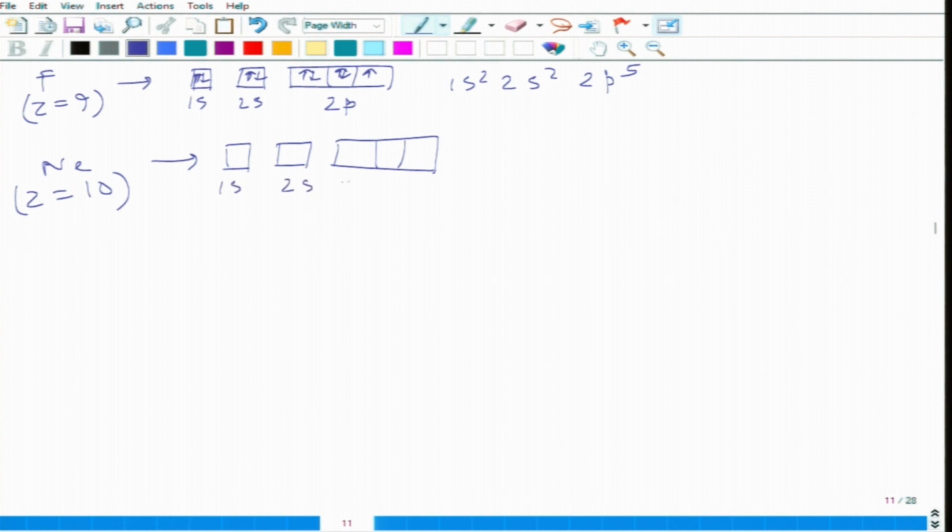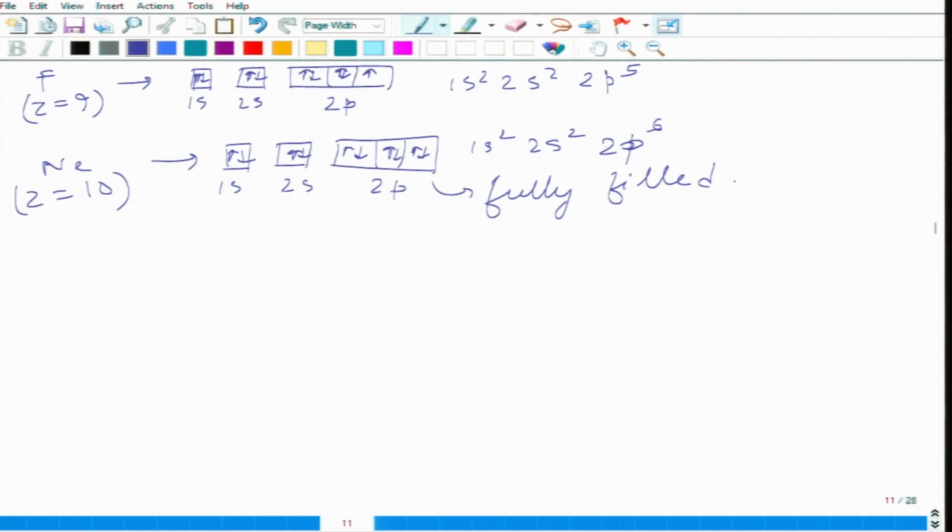In neon, all the electrons will be paired because it will have a configuration of 1s2, 2s2, 2p6. That is, all the orbitals are completely filled. This is called the fully filled or completely filled configuration.